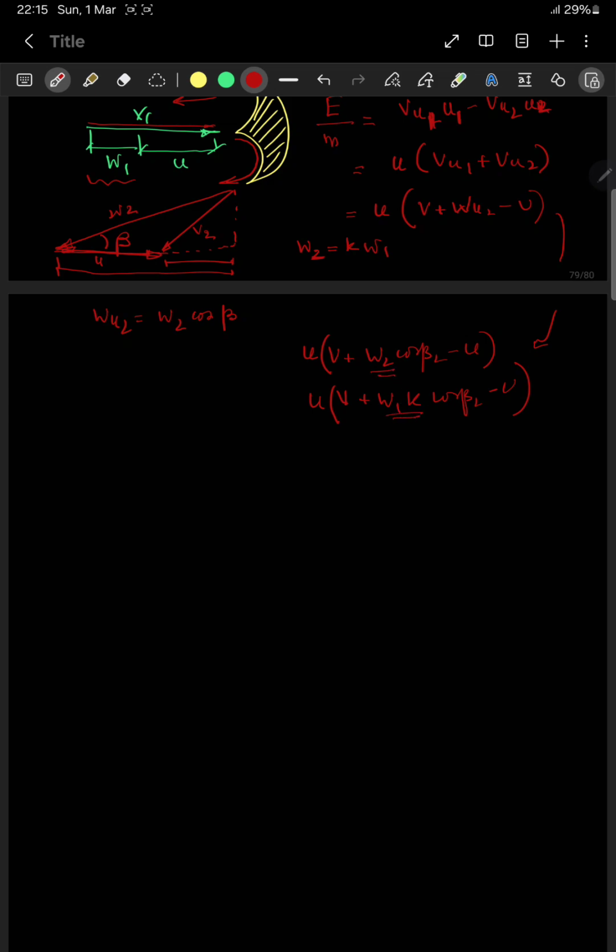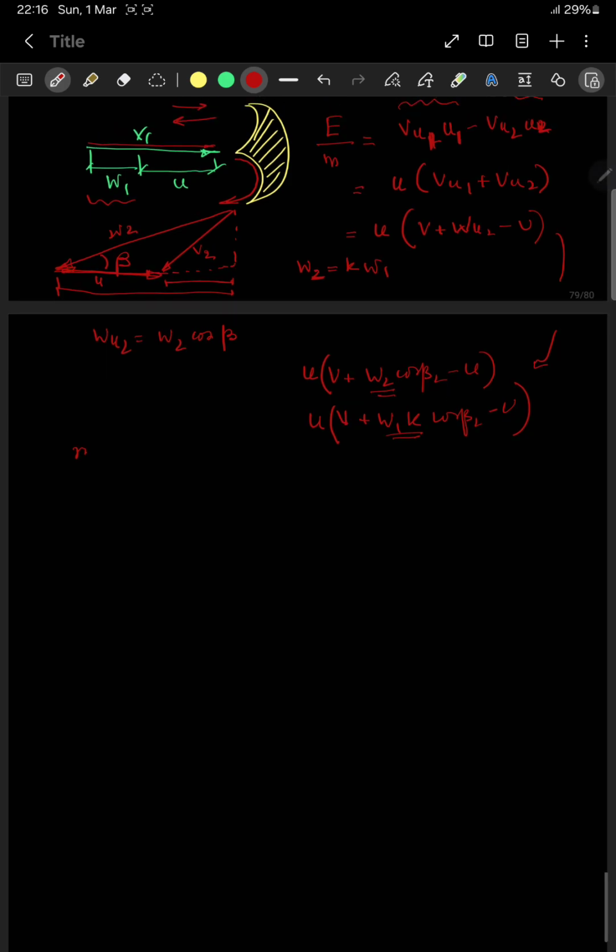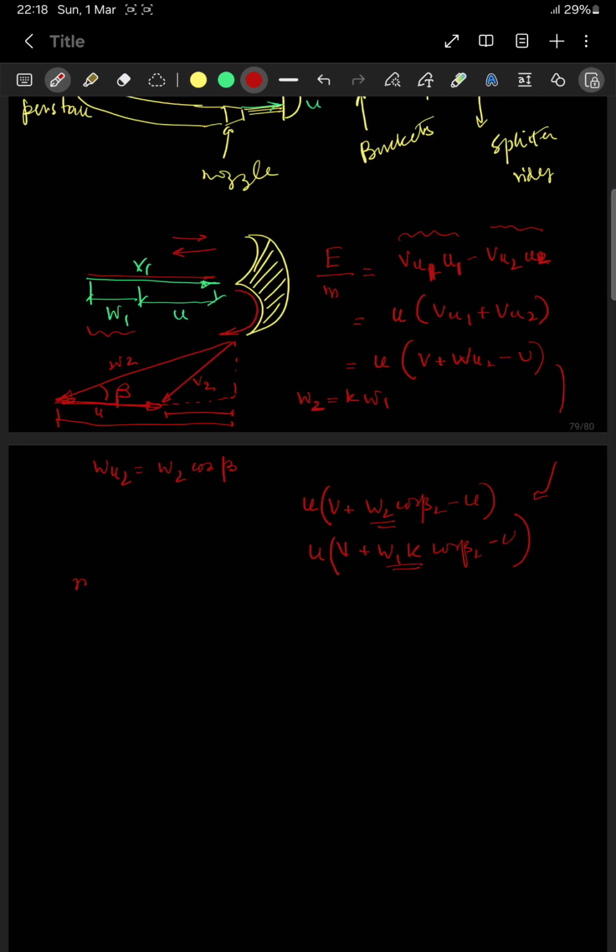W2 is changed by this. Now the efficiency. This v can be written as u plus w1 into K cos beta2 minus u.